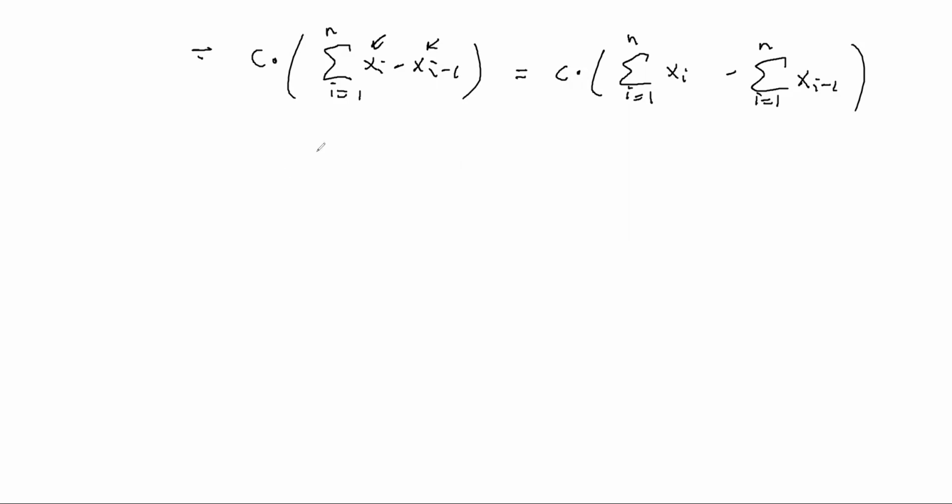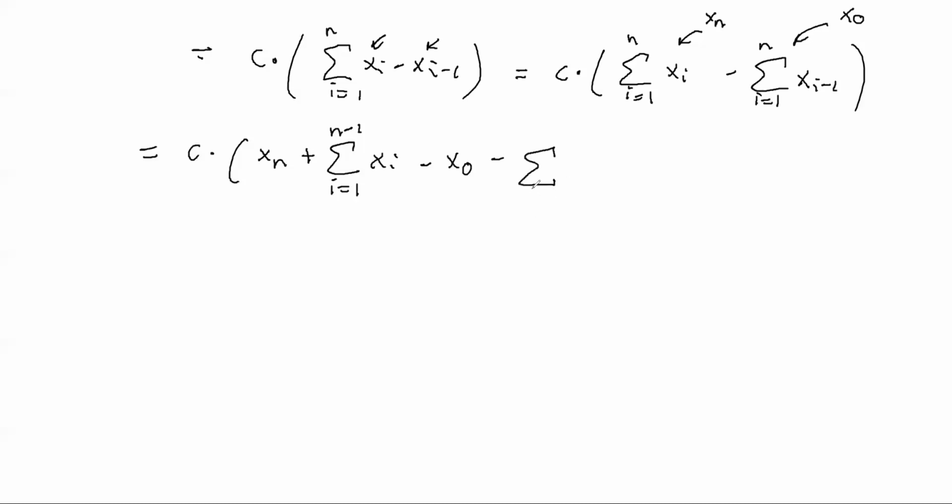So what I'm going to do is pull out x sub n from this sum, and pull out x sub 0 from this sum. So let's rewrite this as x sub n plus the sum from i equals 1 to n minus 1, because I took out x sub n, of x sub i, minus x sub 0, minus the sum from i equals 2, because I took out x sub 0, to n of x sub i minus 1.